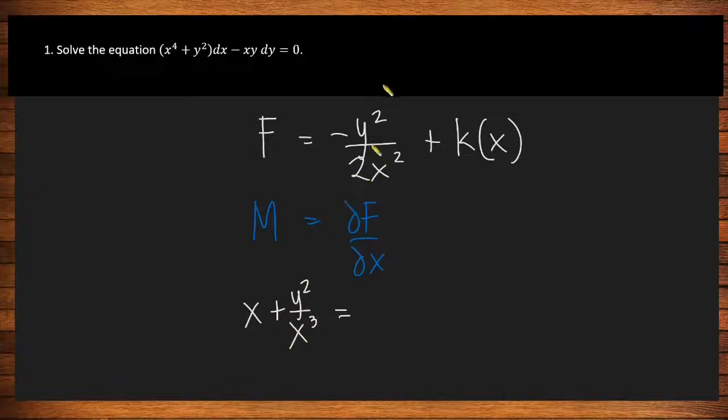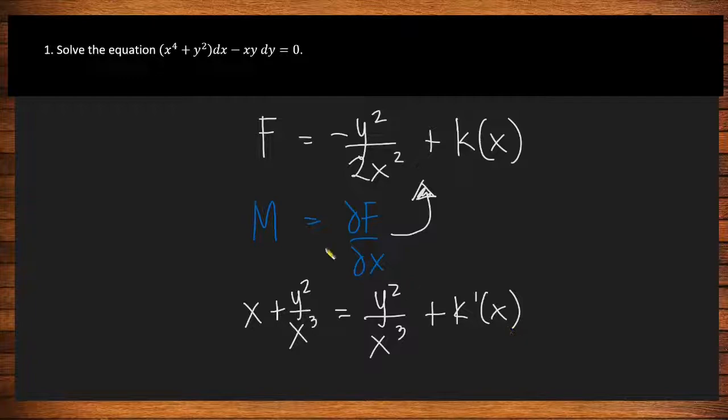And then i-equate lang natin sa partial derivative of f natin with respect to x. Again, yung f natin will be yung f na nakuha natin kanina. The partial derivative with respect to x will be equal to y squared over x cubed plus k prime of x. So we can actually subtract y squared over x cubed from both sides of our equation. And now we are left with x equal to k prime of x.